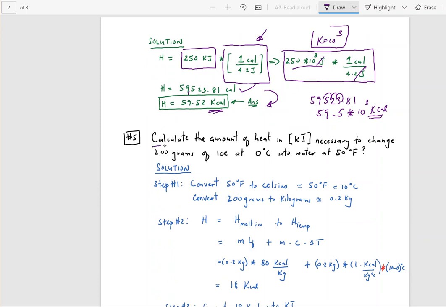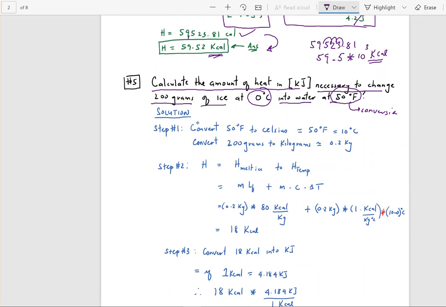Number 5, calculate the amount of heat in kilojoules necessary to change 200 grams of ice at 0 degrees Celsius into water at 50 degrees Fahrenheit. This particular question is testing, again, two things: your conversion, and also how to utilize your equation, whereby you are using heat energy to transform ice into water.